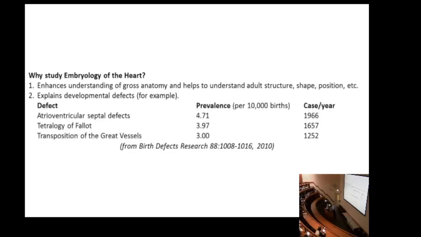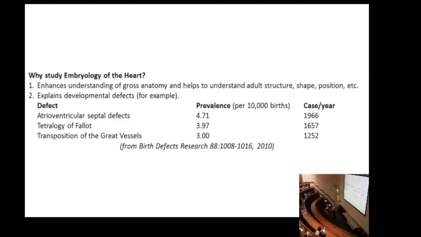If you go back to a paper that now we would say is old because it's more than 5 years old, defects are listed here. The atrial ventricular septal defects have a prevalence of 4.71 in 10,000 births a year. Doesn't sound like much. That's close to 2,000 cases per year. And I can tell you, having been on that side of the fence, that percentage doesn't matter when it happens to someone in your family, okay?